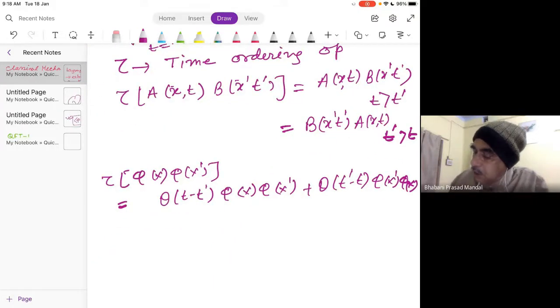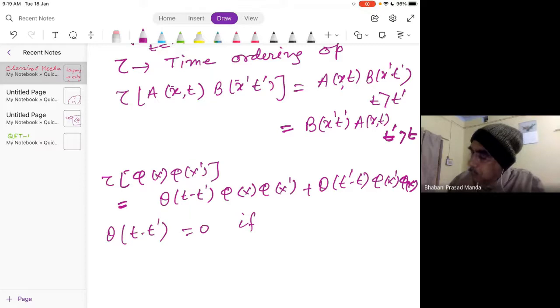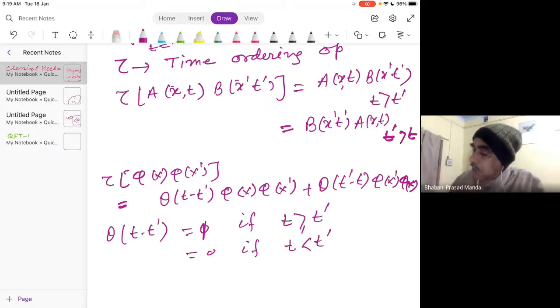The theta function is 1 if t is greater than or equal to t', and 0 if t is less than t'. Here x means the 4-vector, the 3-vector x and t, and x' means the 3-vector x' and t'.